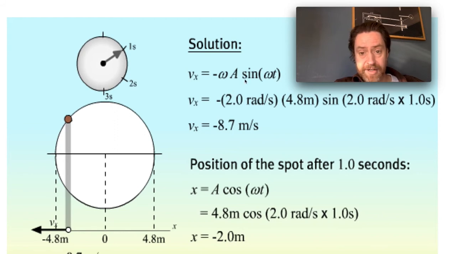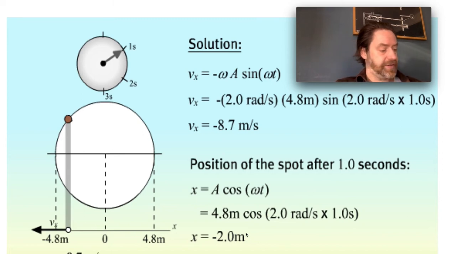Substituting all of the information in, it comes out at minus 8.7 meters per second, which means it's still heading towards the negative side, away from the start position. And what's its position after 1 second? We're just going to substitute the numbers into a cos omega t. And you get minus 2 meters.